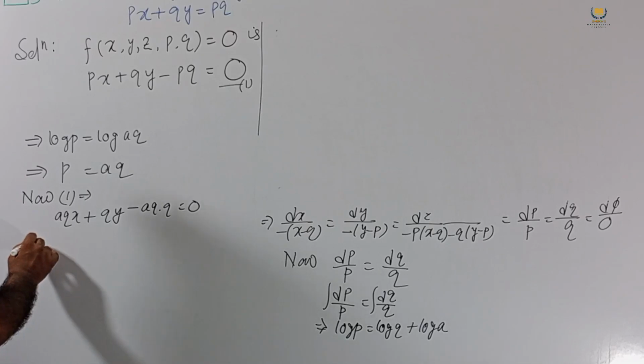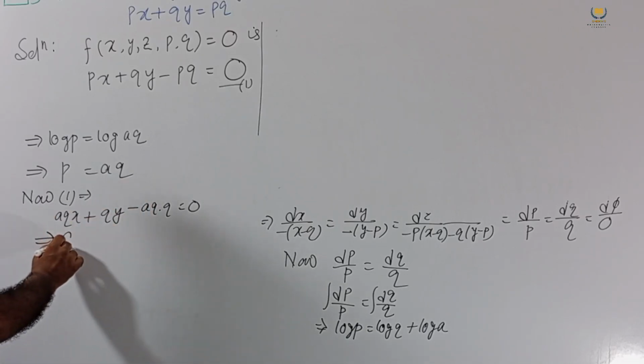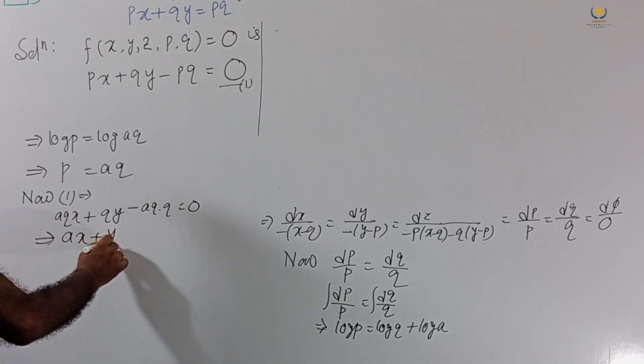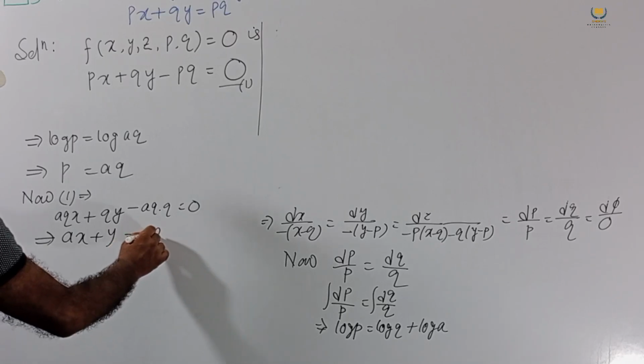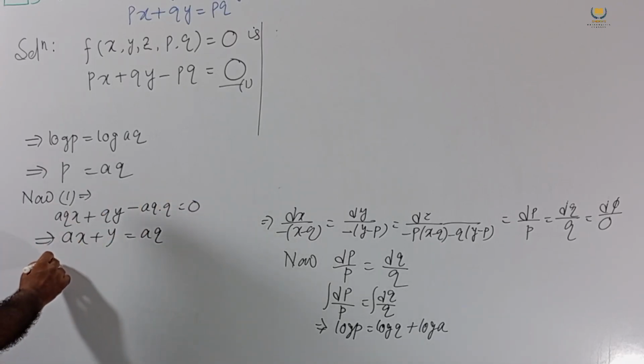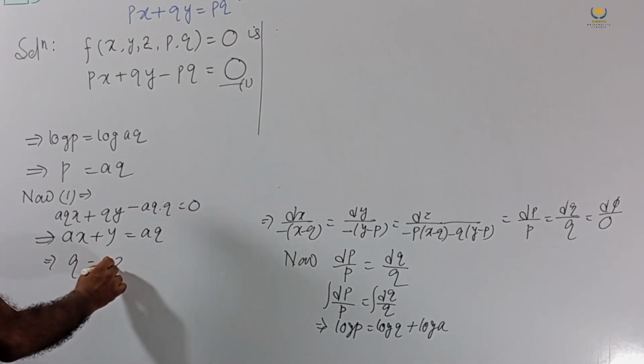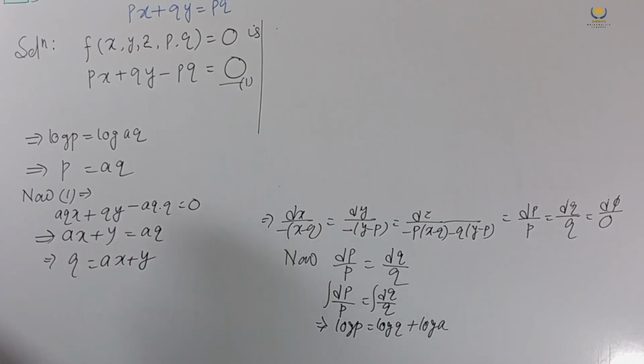Dividing both sides by q, we get ax plus y equal to aq, since one q is cancelled. And q equal to (ax plus y) by a. This is our q.